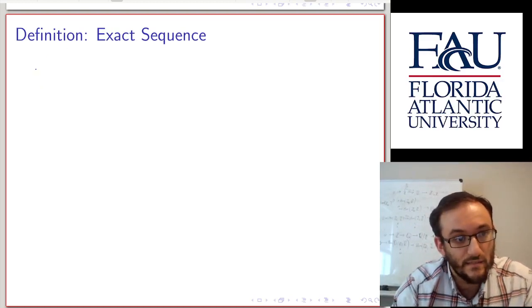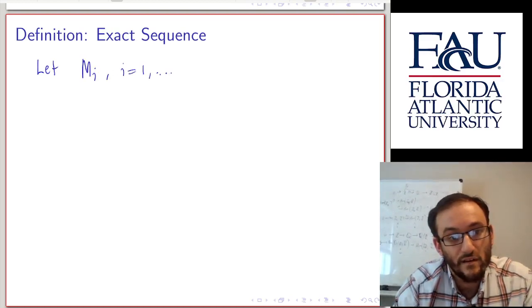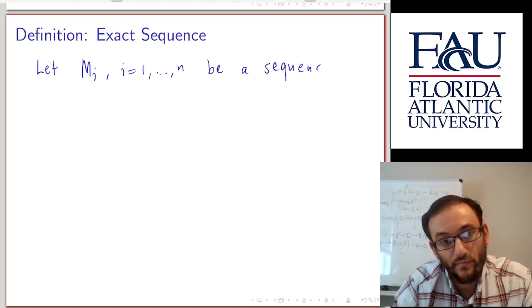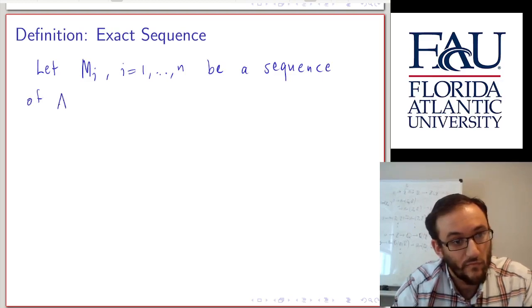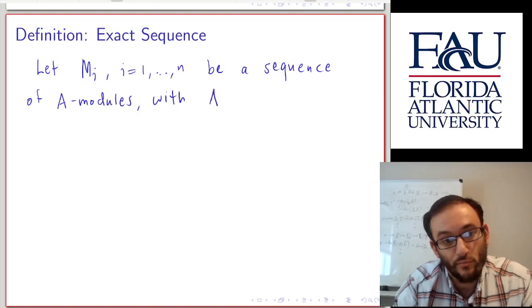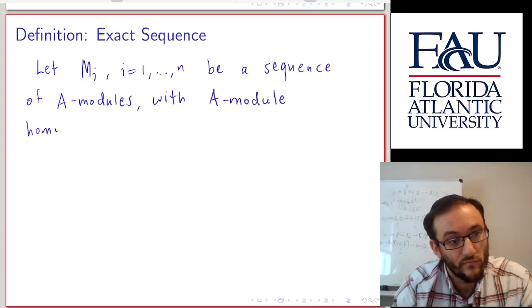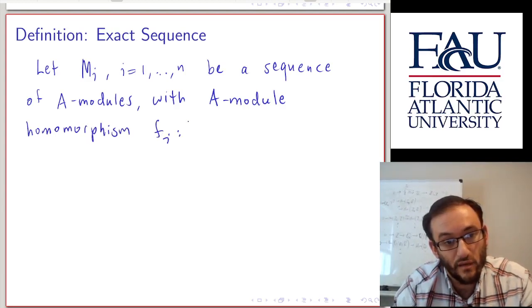So an exact sequence is if we have a sequence of A modules, so let Mi for i equals 1, etc., be a sequence of A modules with A module homomorphisms Fi mapping Mi to Mi plus 1.